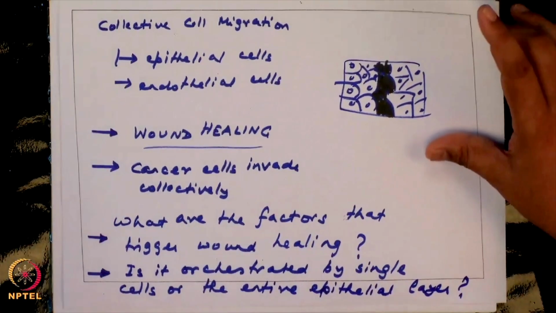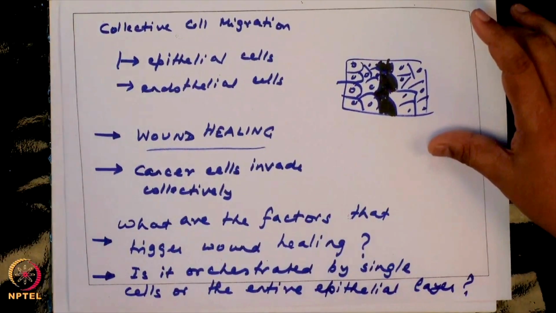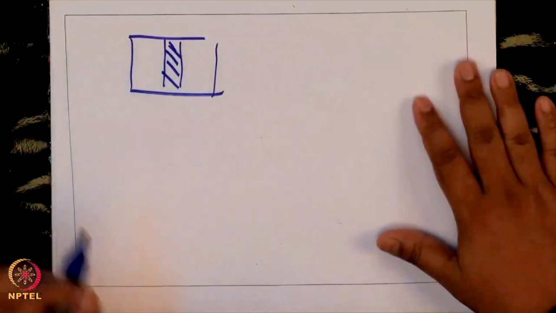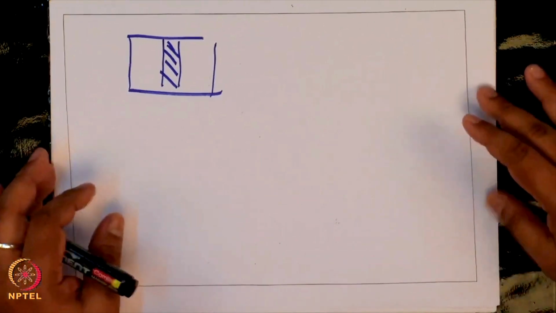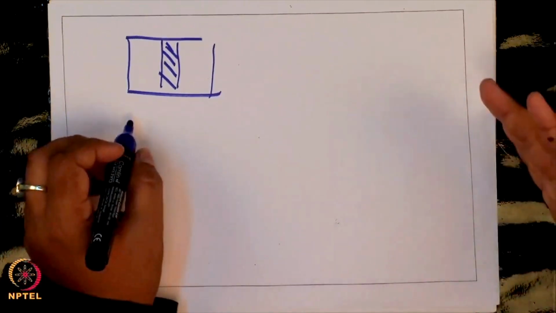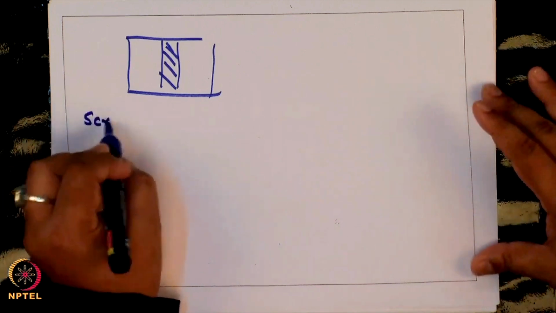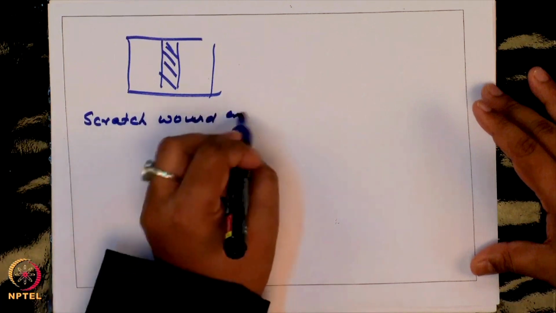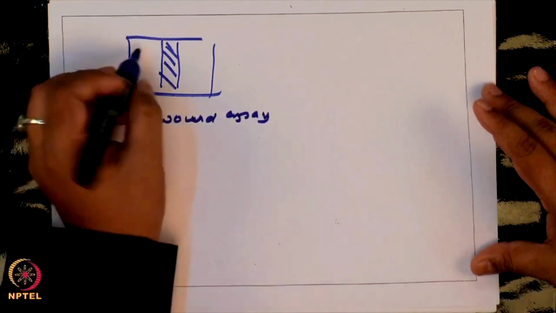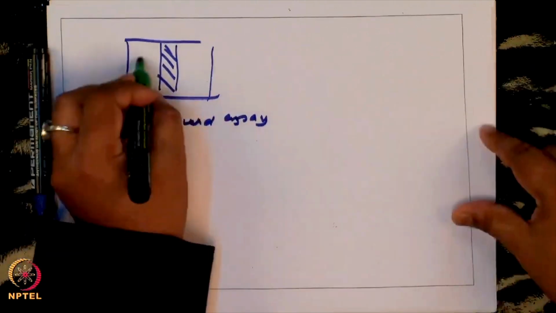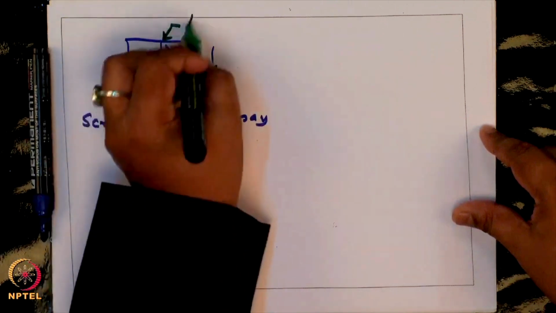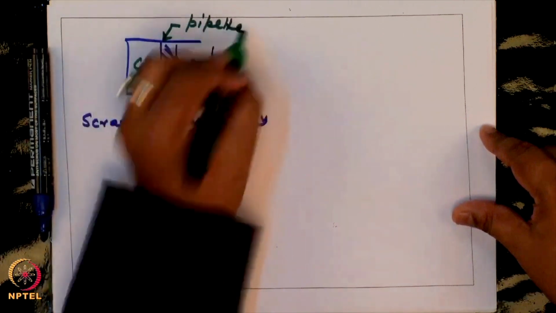You can look at this problem of space filling. Imagine again I have a patch, and this is the space which is available by creating a wound. Typically in most experiments people use the scratch wound assay. You have cells on this side and cells on this side, and you scratch it, introducing this model wound with a pipette.